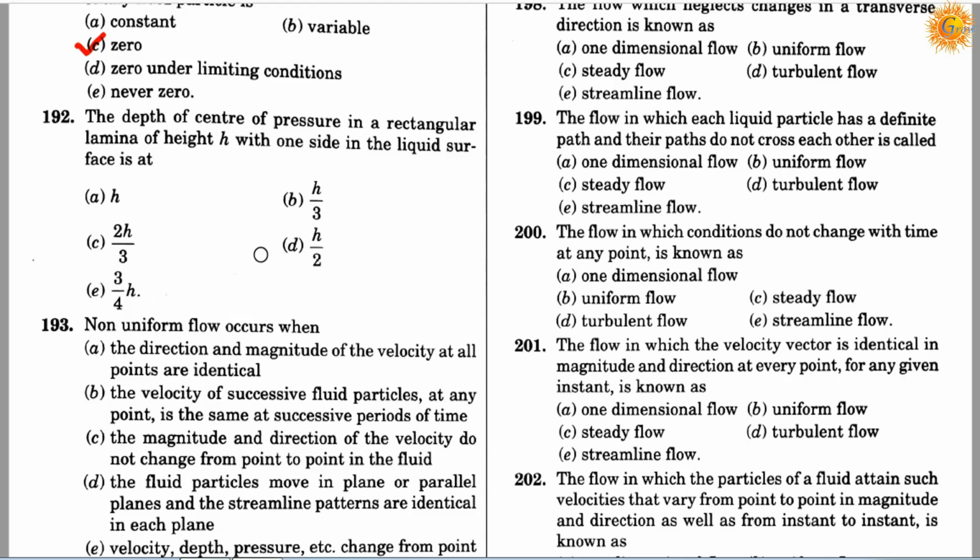So the correct answer is C. The depth of center of pressure in a rectangular lamina of the height small h with one side in the liquid surface is at 2h upon 3.